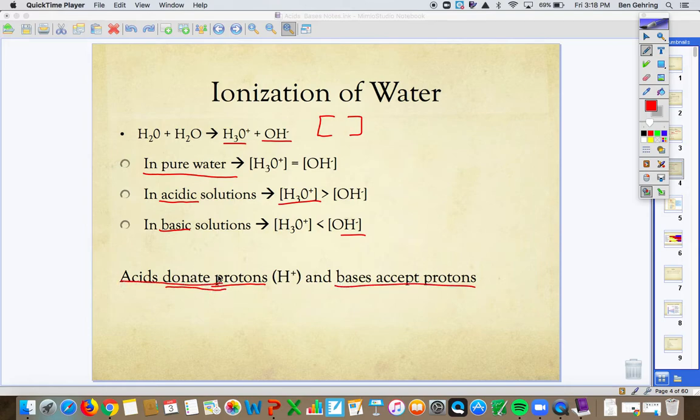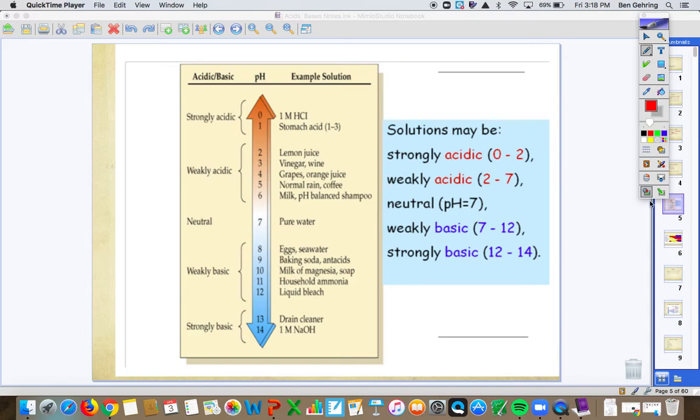We're going to talk about those here in a little bit, but for right now, that's enough to get us going. When we talk acids and bases, one of the things we talk about is the pH scale. This pH scale we'll talk about later on, but it goes from 0 to 14. Anything low on this scale is considered acidic.